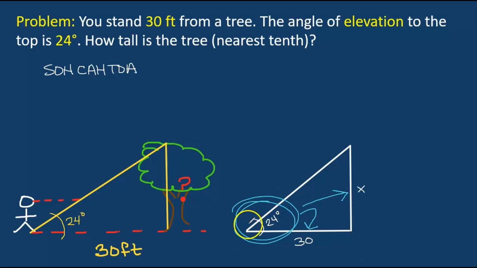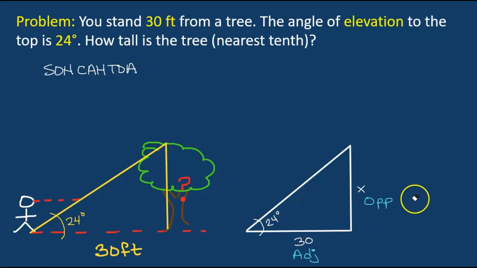According to this angle, we have a number that is adjacent to the angle and a number that is opposite to the angle. Remember again that if this is a little bit confusing to you, follow my previous video on trig functions and ratios. Since we have opposite and adjacent, that's how I know I'm going to use tangent.